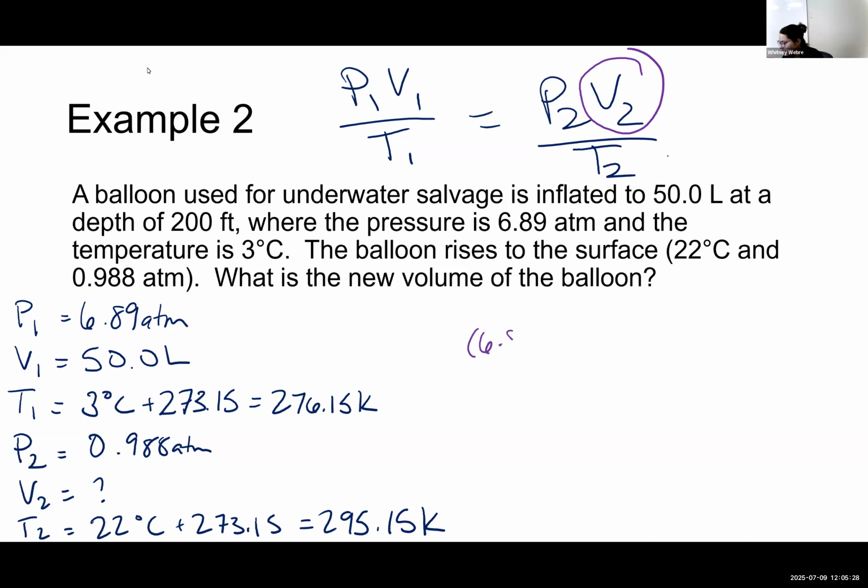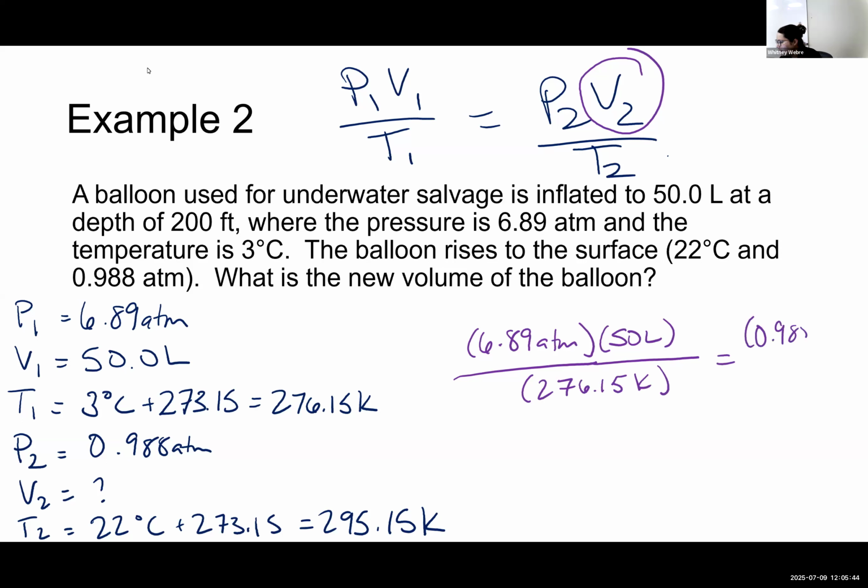It'll be 6.89 atmospheres times 50 liters divided by 276.15 Kelvin equals 0.988 atmospheres times V2 divided by 295.15 Kelvin. That's one way you can do it. You can either rearrange with these numbers, multiplying by the temperature on both sides and then dividing by 0.988, or I believe you could just divide by this number altogether.